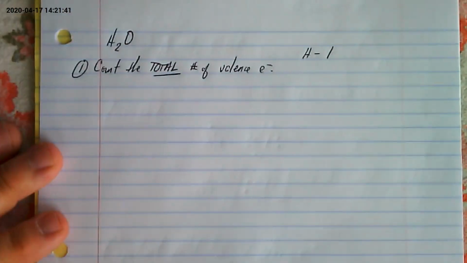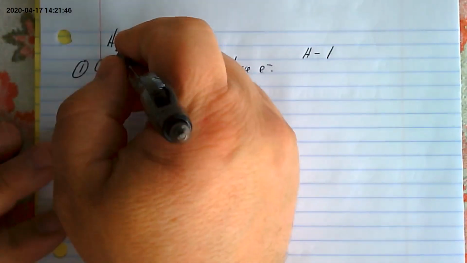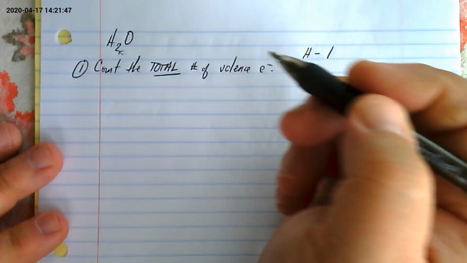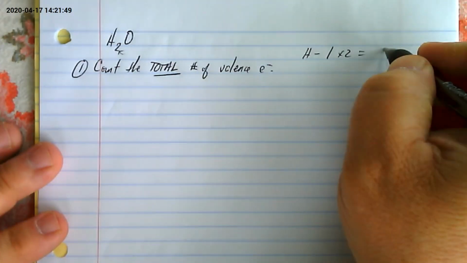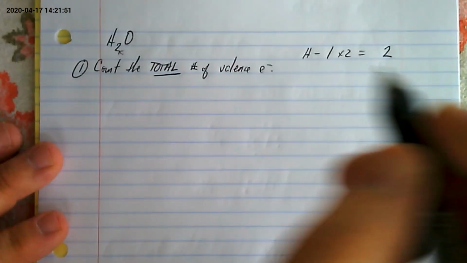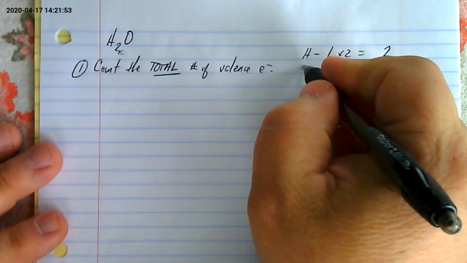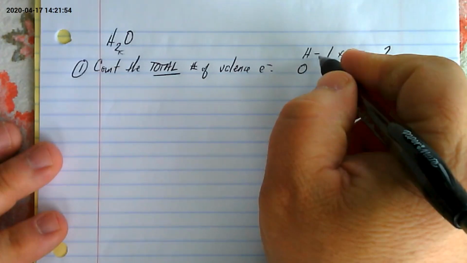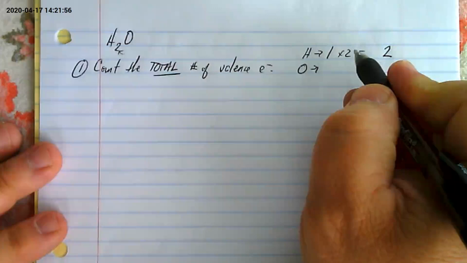Step 1, count the total number of valence electrons. Okay? So if you look at H2O, hydrogen has one valence electron. It's in group 1. It has one valence electron. And we have two of them. So we have two.